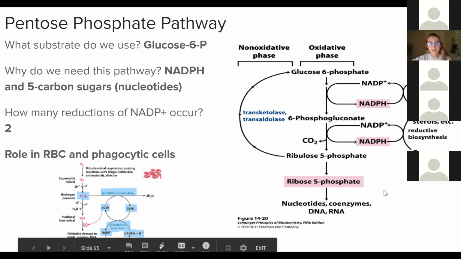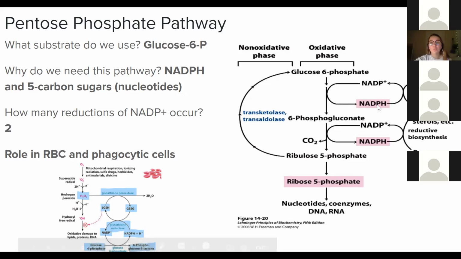Essentially, it's important to know that growing cells will upregulate this pathway. In this process, we are carrying out 2 oxidations of glucose 6-phosphate, in addition to the liberation of 1 molecule of carbon dioxide. And like I said, this plays a large role in our red blood cells and phagocytic cells in an effort to reduce oxidative damage.